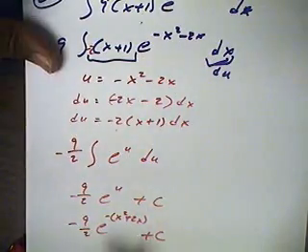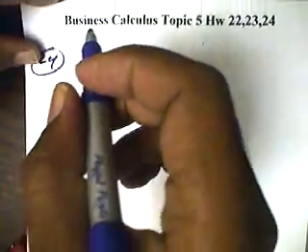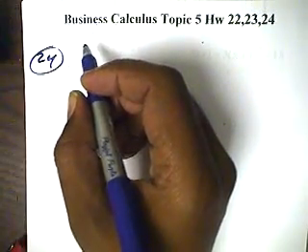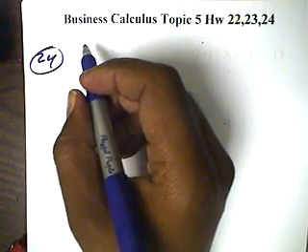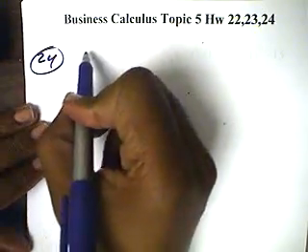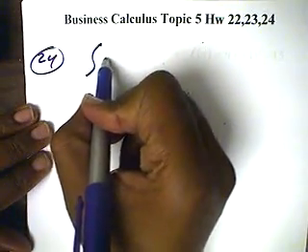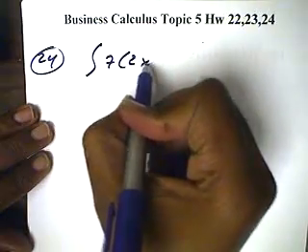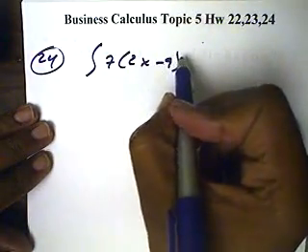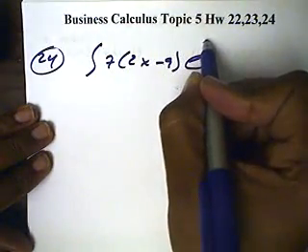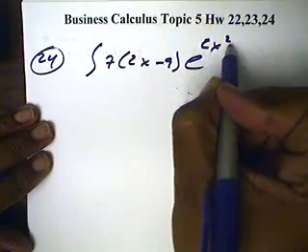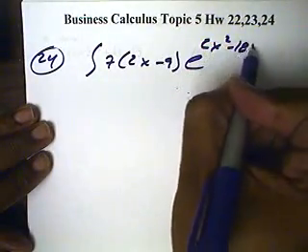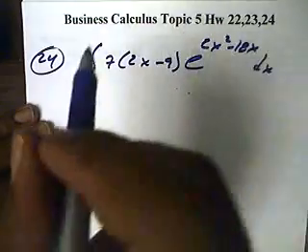All right, let's take a look at number 24. We have the integral of 7 times 2x minus 9 and e to the power of 2x squared minus 18x dx.